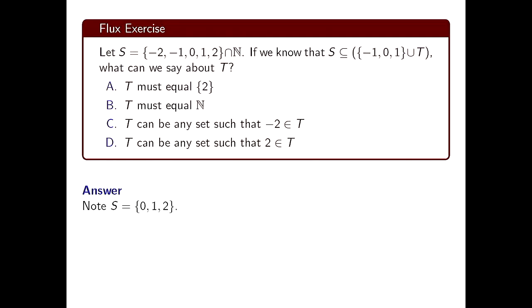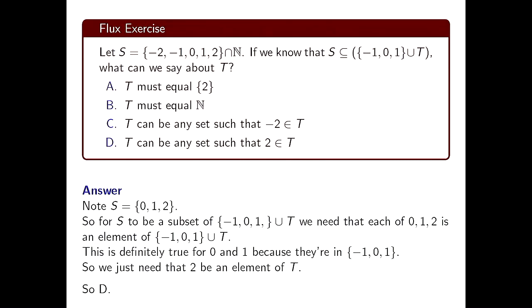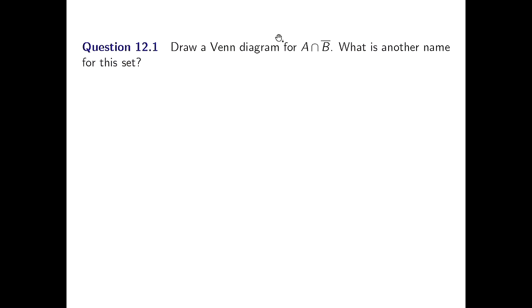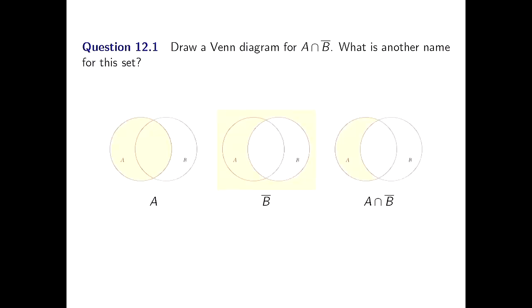Okay, so here we are. Question 12.1 in the notes wants us to draw a Venn diagram for A intersect B complement. What's another name for this set? You can build up Venn diagrams in the same way you can build up truth tables.